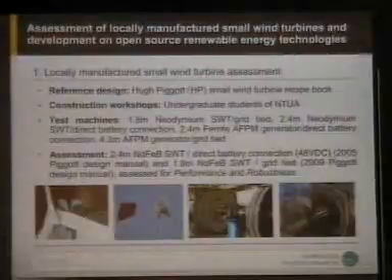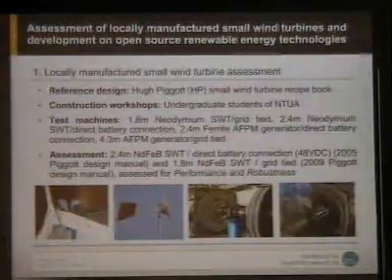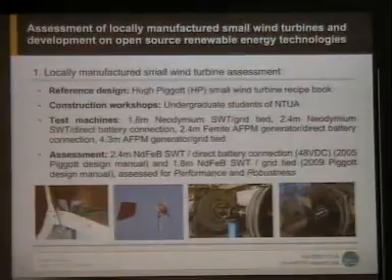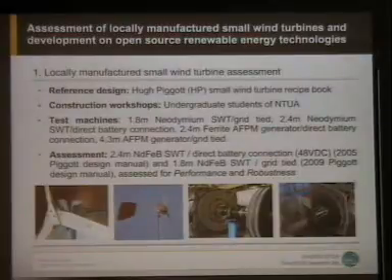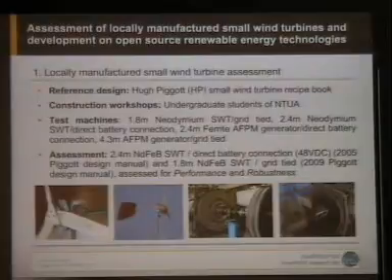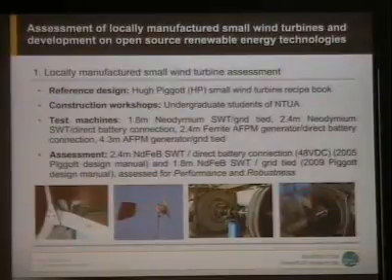The whole assessment is based on the turbine that has been built in most applications, which is the one following the recipe book. We do all the constructions at NTUA so that we can verify that the construction process is similar to the ones in the field, basically by people who are doing this for the first time.